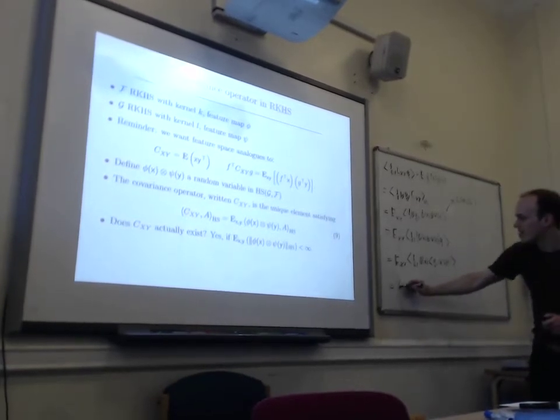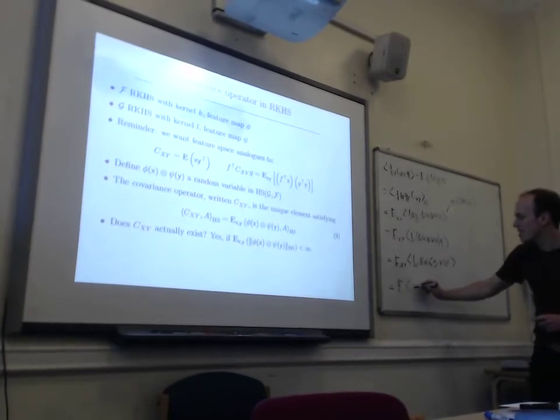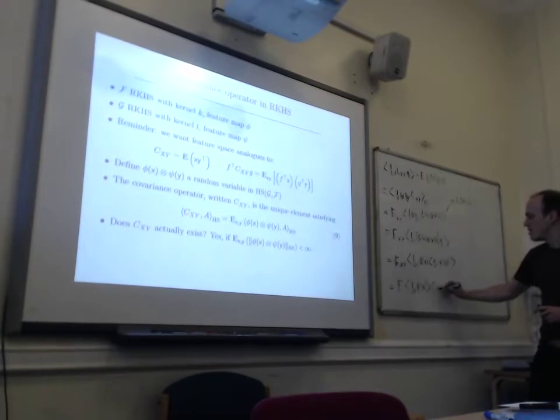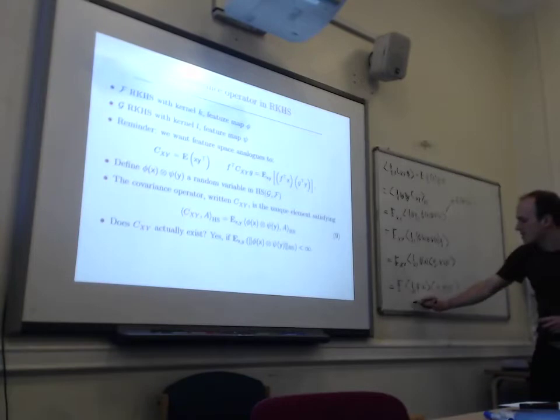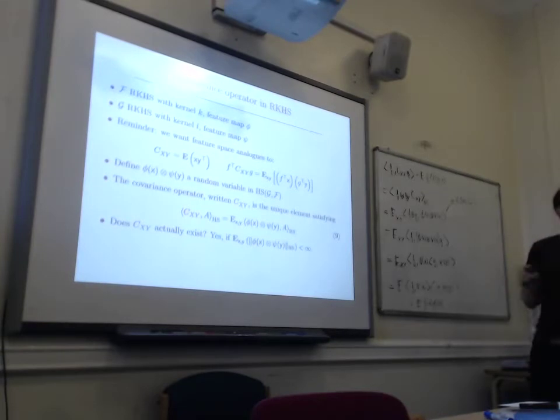Which is what I wrote before without skipping as many steps. f Cxy g is equal to the expectation of f(x) g(y). Okay, so I hope this is clear.